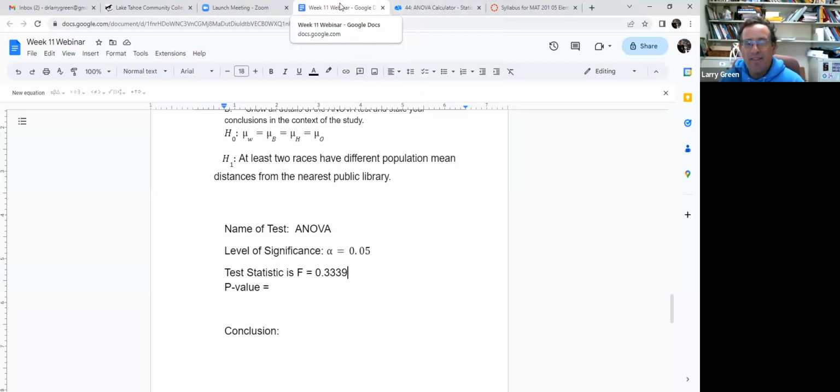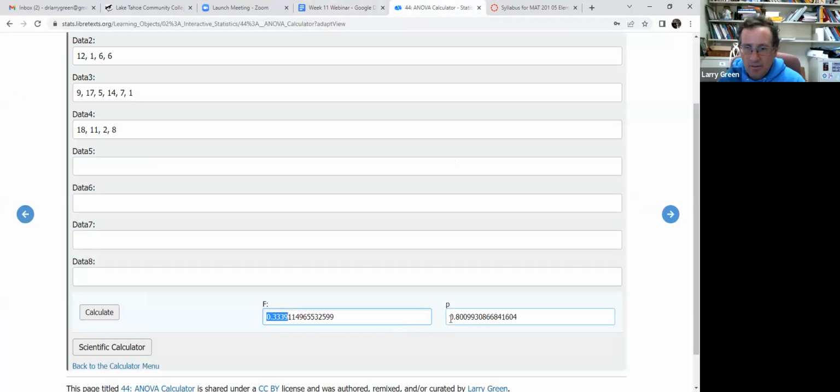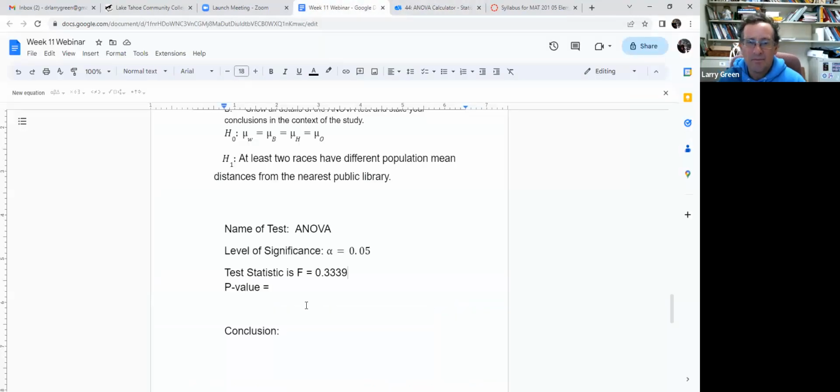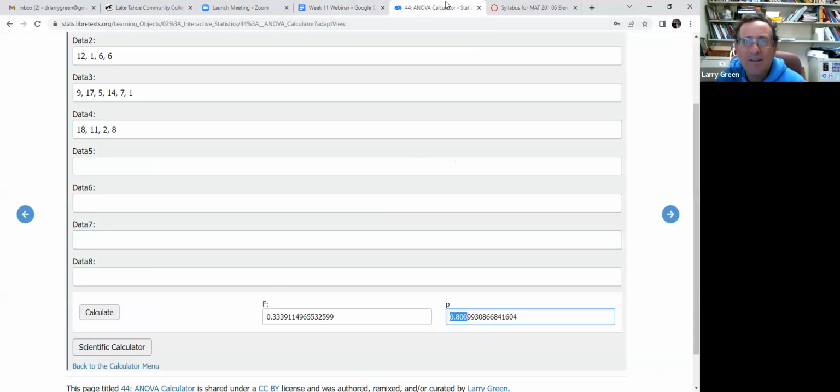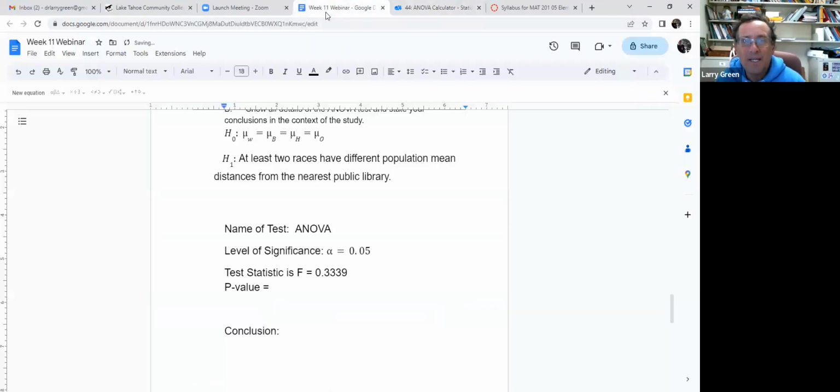Okay, and then the p-value was 0.80099 or 0.801. And then always use the rules of rounding, so we need to round up to 0.801. Any questions on that?